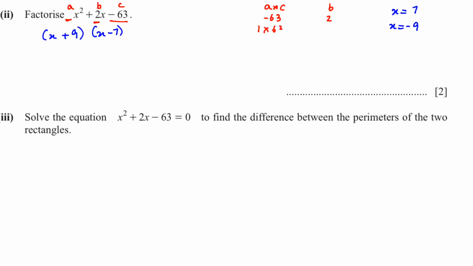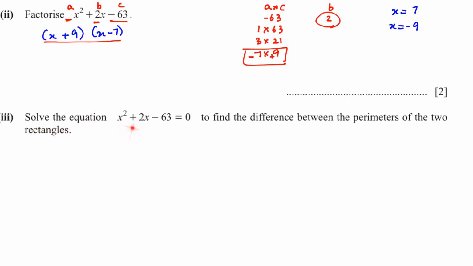We have 1 multiplied by 63, 2 will not go. 3 multiplied by 21, 4 will not go, 5 will not go, 6, 7 will go, 7 times 9. So these are our numbers. -7 plus 9 will give you 2. That's what we have written as factors here.